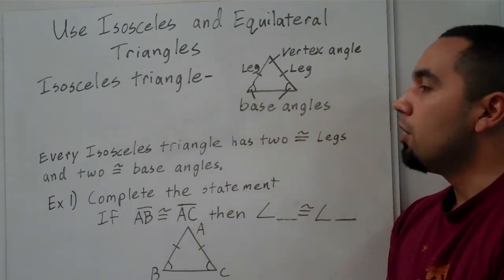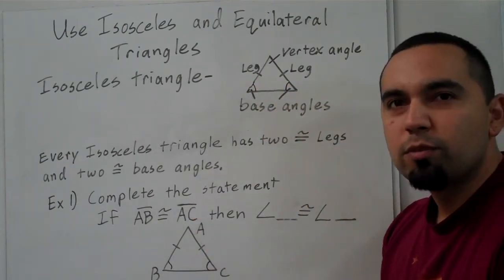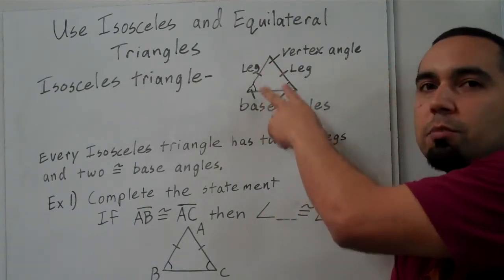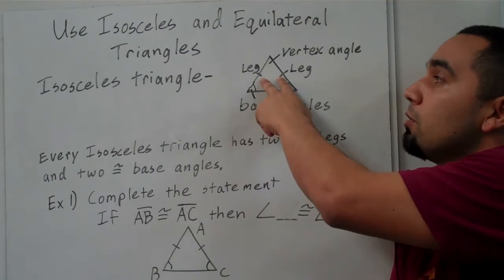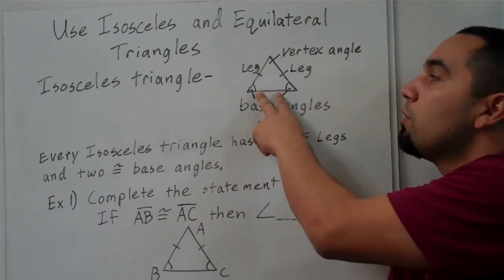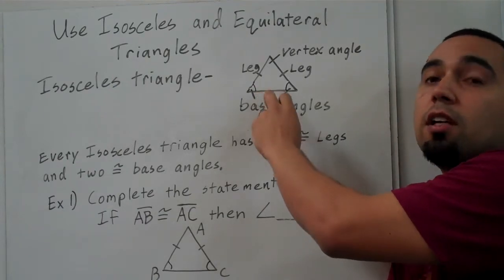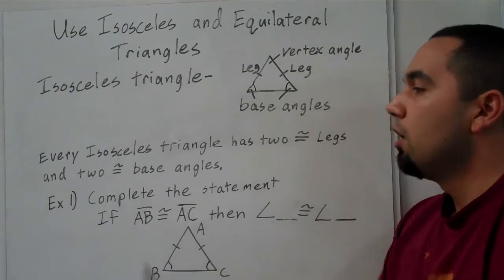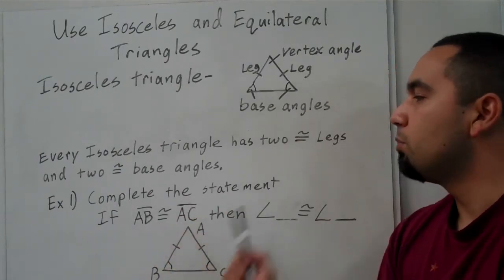Okay? So let's take a look at example 1. I'm just going to use that fact. And of course in geometry, if this relationship exists this way, since these two sides are congruent, we know that these two angles are congruent. That means we also know it the other way, right? If we know that these two angles are congruent, then these two sides must be congruent. All right. So going back to example 1, it says complete the statement.